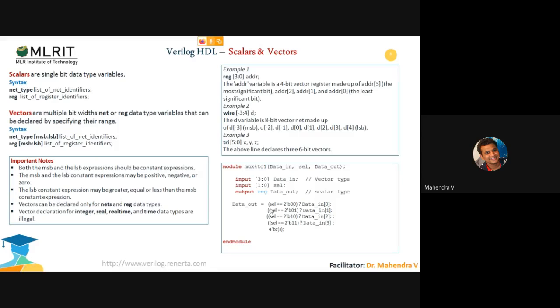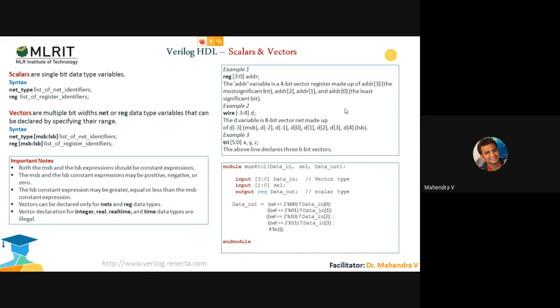Now data out equals, see here, the ternary operator is used, comparing SEL. SEL is the select line, right? In a 4:1 multiplexer there are 4 inputs and 1 output, and a 2-bit select line is required.